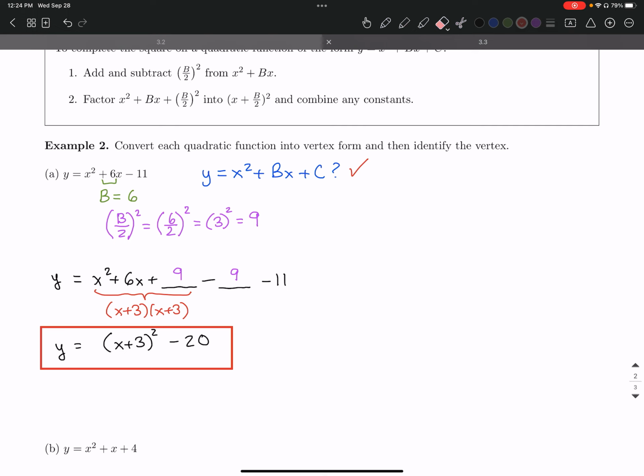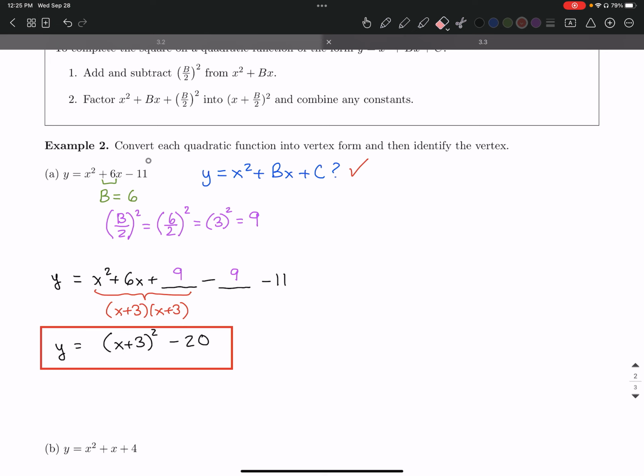So, completing the square, essentially what it does is if you are not already in a form that factors into x plus a number times the exact same thing, which this one here does not. Are there two numbers that multiply together to give us negative 11 and add together to give us 6 that are integers?